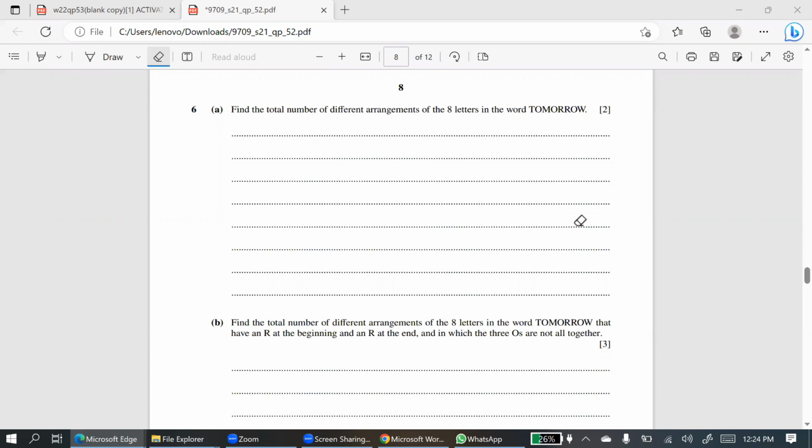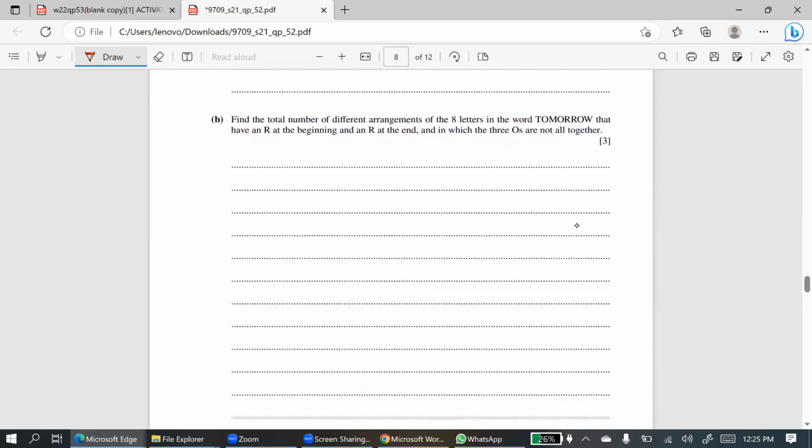Now, there are 3 O's and there are 2 R's. The total letters are 8. So 8 factorial divided by 3 factorial into 2 factorial is equal to 3360. Very easy question.